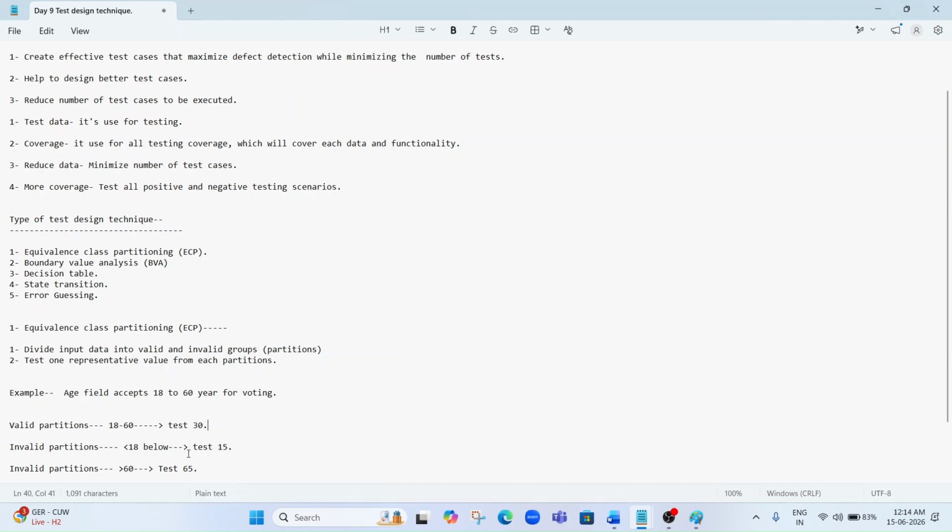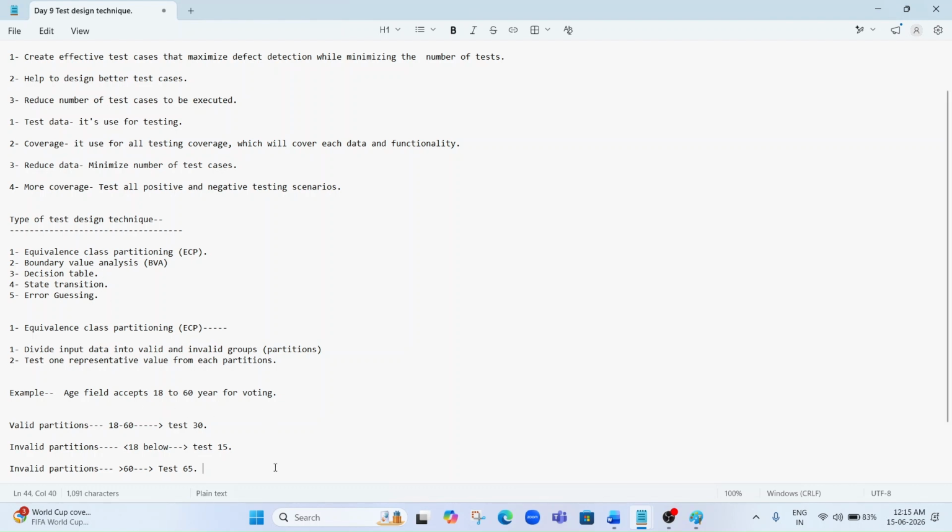So here we tested 15, an invalid partition, so it should not be allowed. I have tested that also. Then another invalid partition, greater than 60, we tested like 65. This is also not allowed. If you are 65 years old, then you are not able to vote in this application. So this is an example of ECP, equivalence class partitioning.